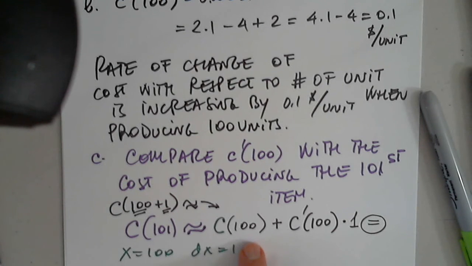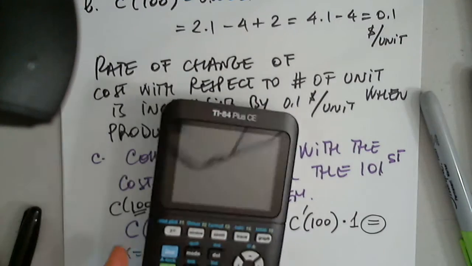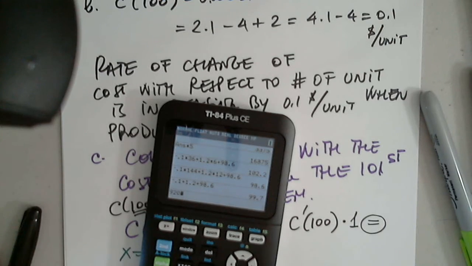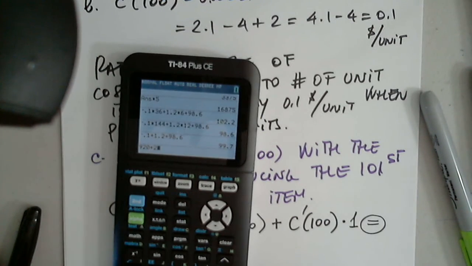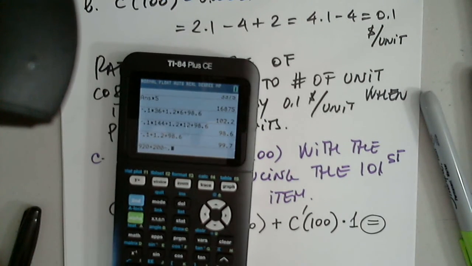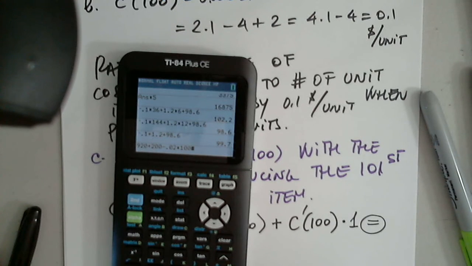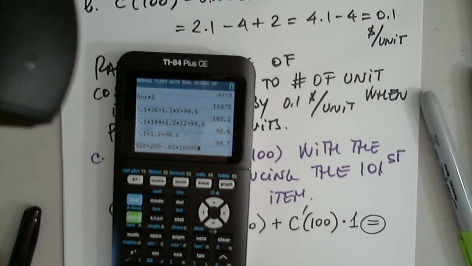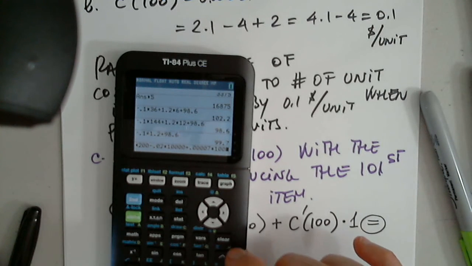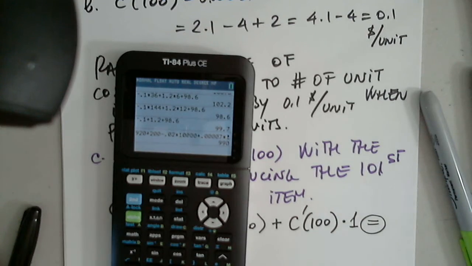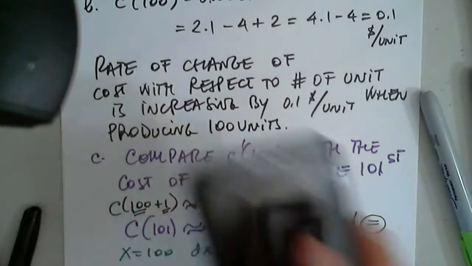So I'm continuing here. C of 100, I don't have. I have to determine C of 100. So I have 920 plus 200, right? Minus 0.02 times 100 squared, and plus 0.1234 times 100 raised to the third power. I got 990.